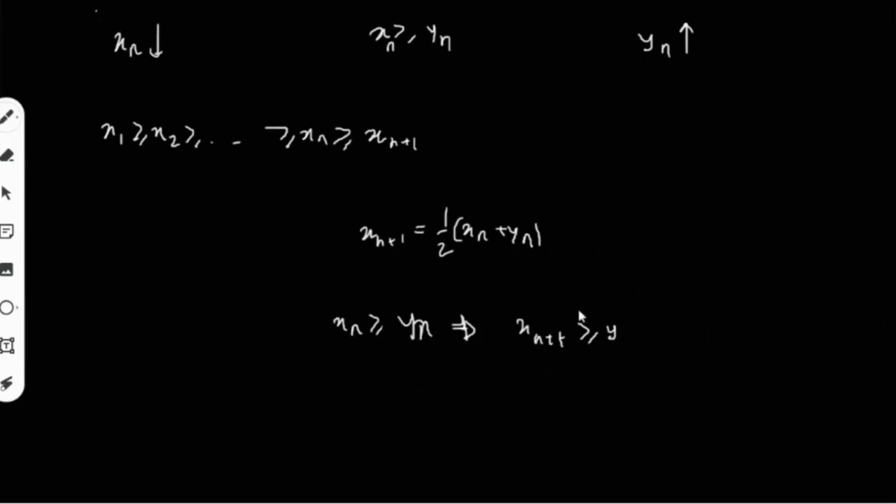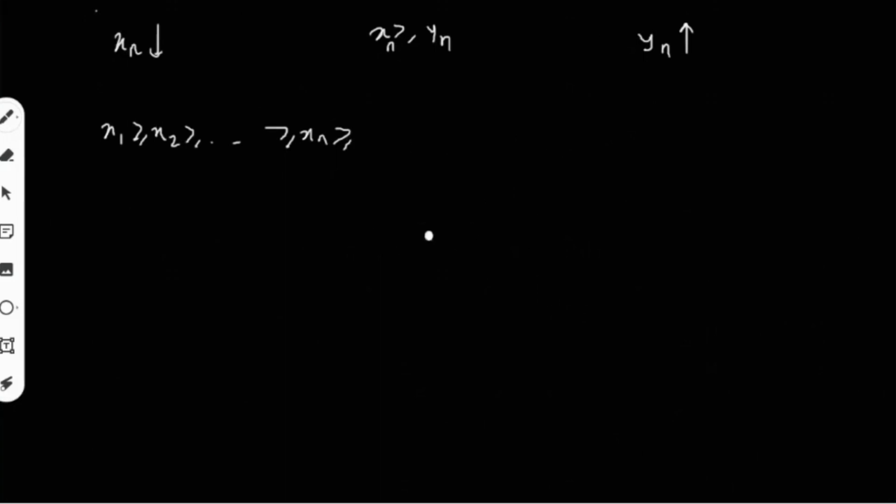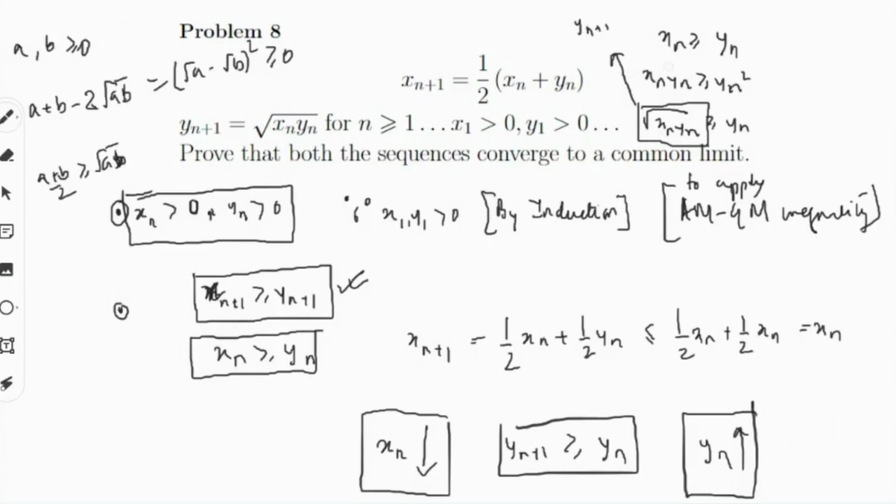Now I think I am making some mistake. Just give me a minute. Y is increasing, so yn is less than or equal to yn plus 1. Thereafter xn plus 1, then yn plus 1, then yn.